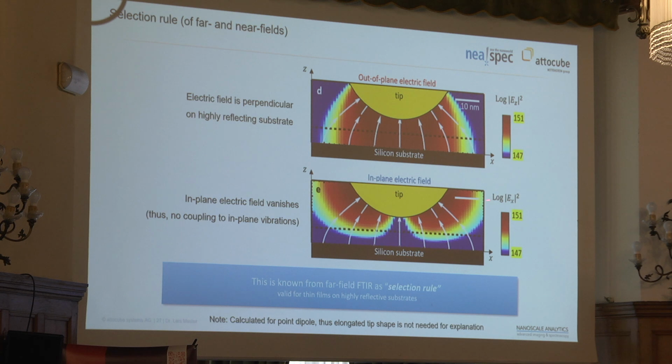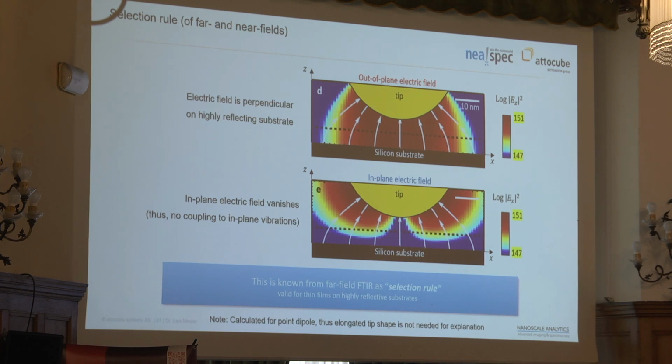But the in-plane field is actually 0 at the sample surface, or close to 0 here. For a perfect metal, it's really 0. And if you now put a molecule in here that's oriented in the plane, there's no electric field that can couple to this vibration. And that's why you cannot see it. That's why on the purple membrane sample, the peak was not here.